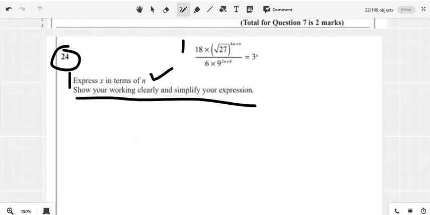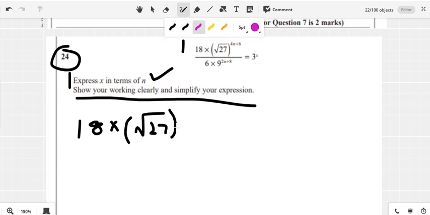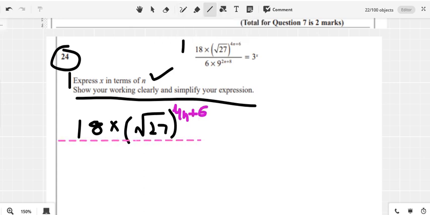So I'm going to write this question first of all as it is: 18 times the square root of 27 and its power is 4n plus 6, and then you will divide it by 6 times 9 to the power of 2n plus 8.